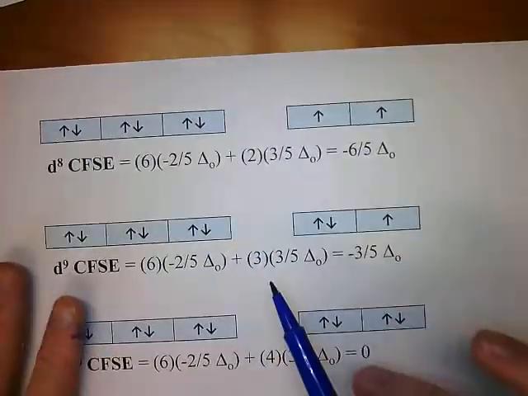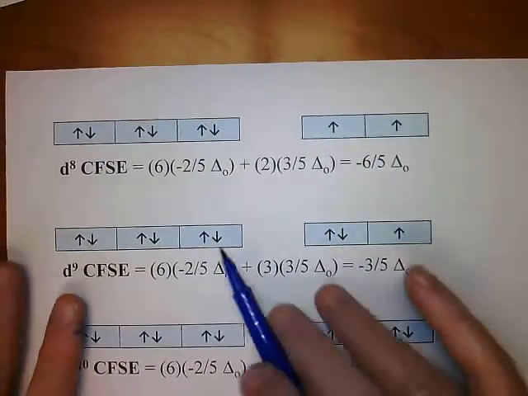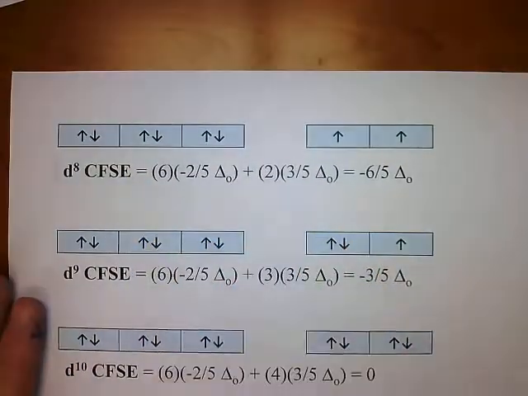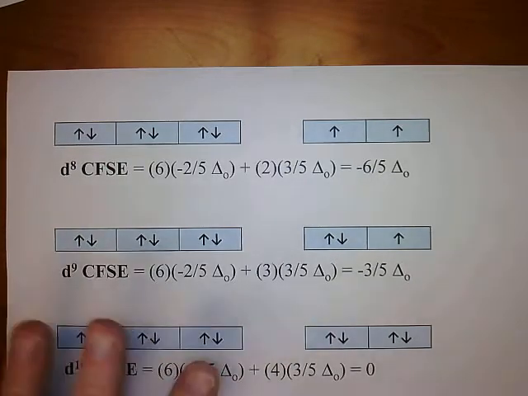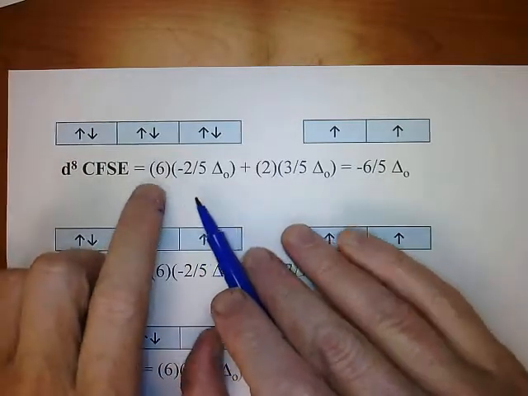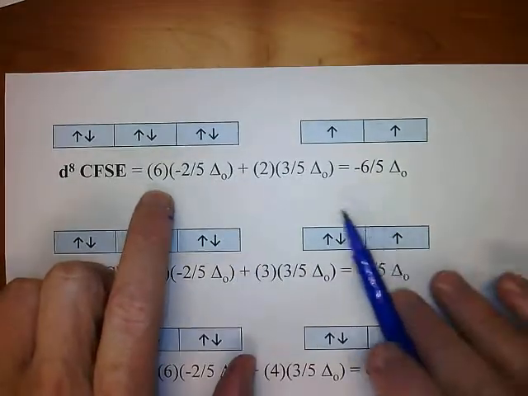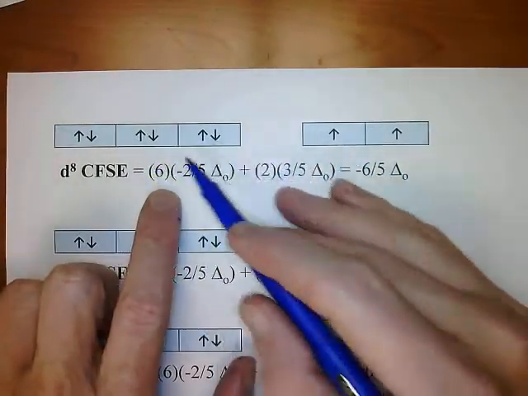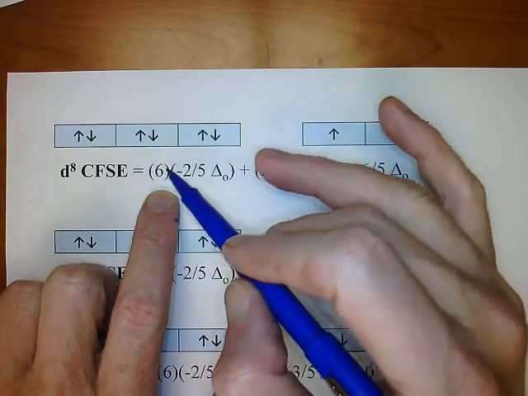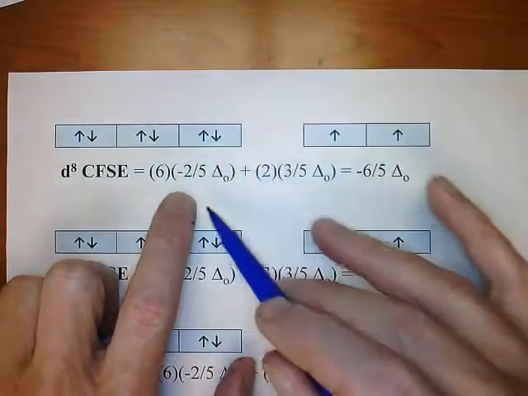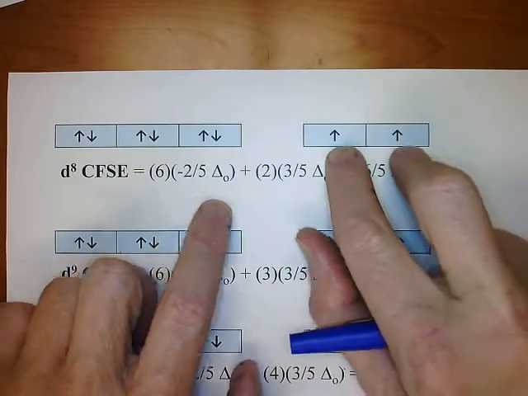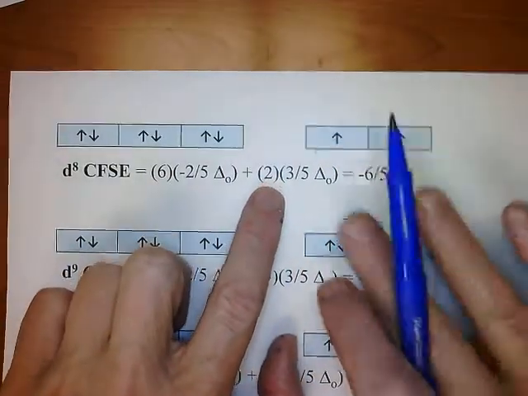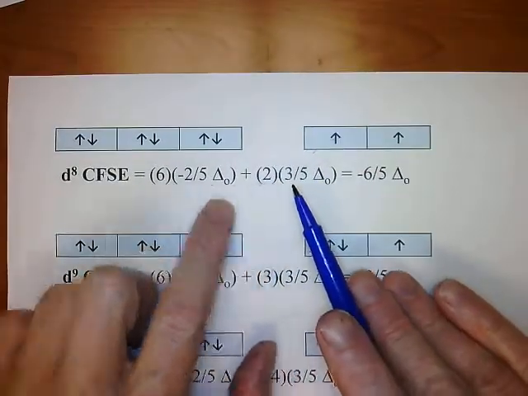So then we get to the D8 case. So remember, for the 8, 9, and 10 configurations, 8, 9, and 10 ions, there was only 1 configuration. Right, so for our stabilization energy for our D8, we have 6 electrons that are lowered by 2/5 of field splitting, and then 2 electrons that are raised by 3/5 of field splitting.